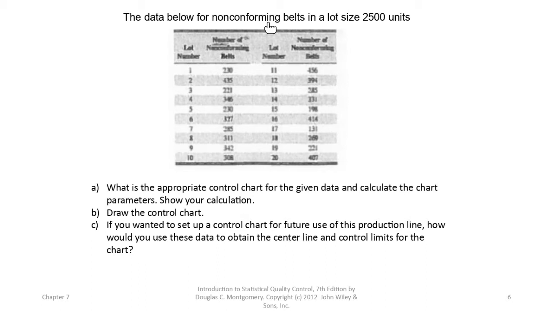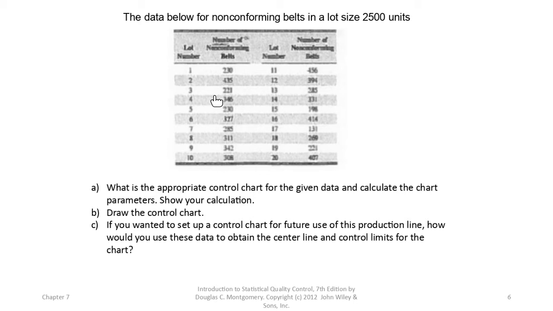When we have non-conforming, is this variable or attribute data? Non-conforming means defective, and defectives are attribute data. It is like number of units, proportions, all of those considered to be attribute data.